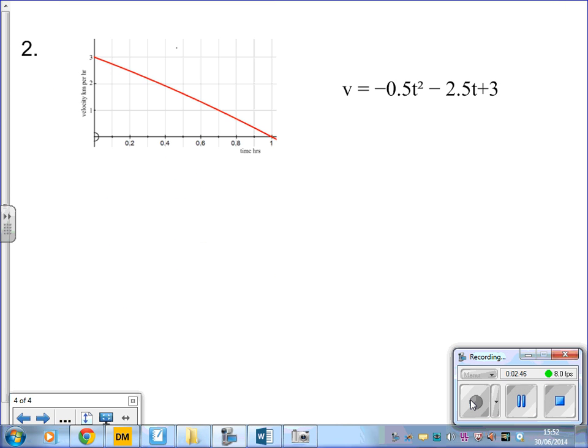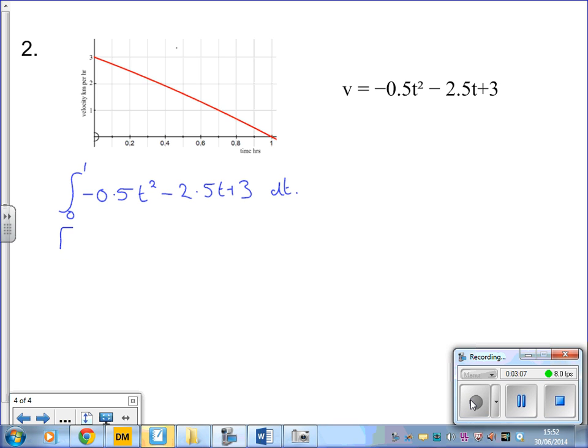Question 2, part A, we're asked to integrate the velocity, which we're given, between 0 and 1 hours. Integrate that with respect to t.